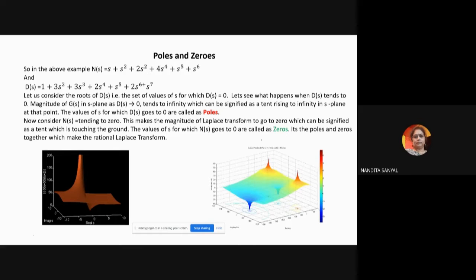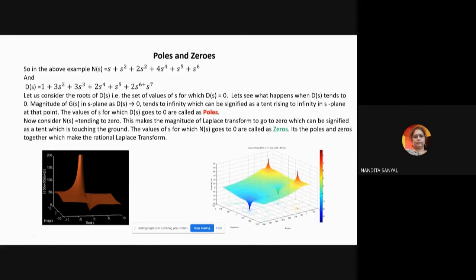When the denominator is equal to 0, the magnitude of the system function becomes infinity, because it is in the denominator, and if it becomes 0, the magnitude of G becomes infinity.